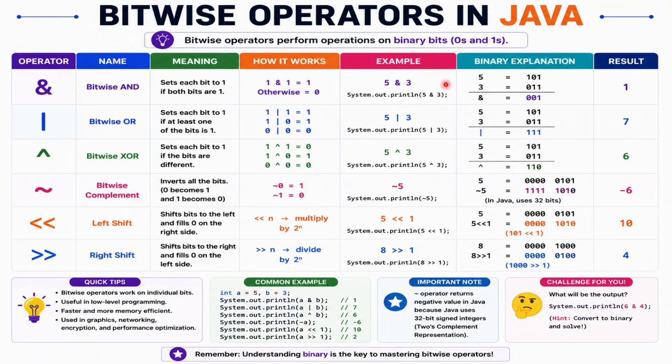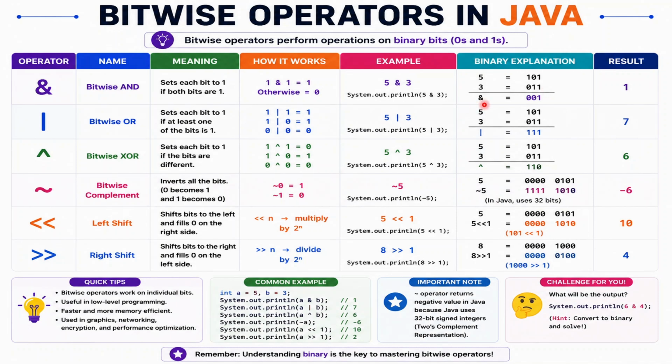First we are going to convert the numbers into binary bits. The binary bits for 5 is 101, and for 3 it is 011. Don't worry friends, how to convert these binary bits we are going to see in the practical example. For now just understand the concept.